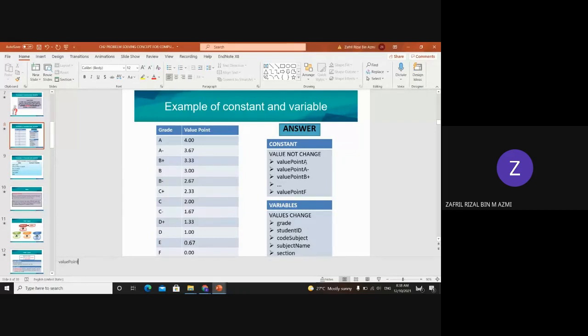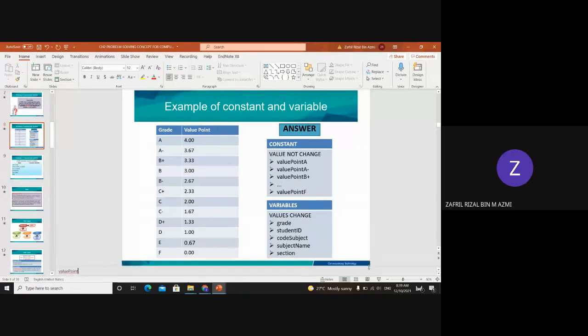But let's say I want to create one variable which is value point. It couldn't be a constant, because value point can be 4.0, can be 3.67, 3.33. So it is not suitable to declare value point as a constant. Do you get my point, class? Yes, sir.